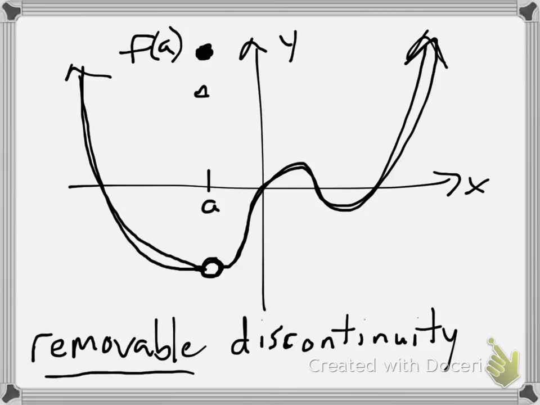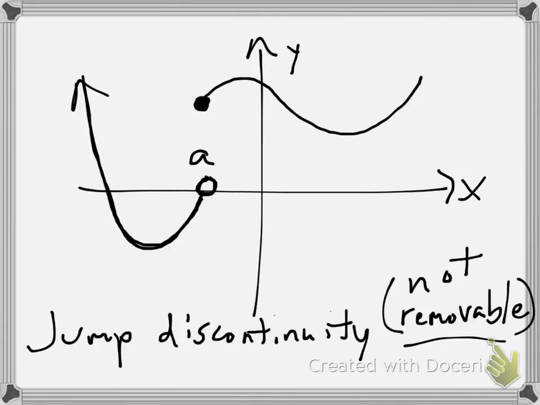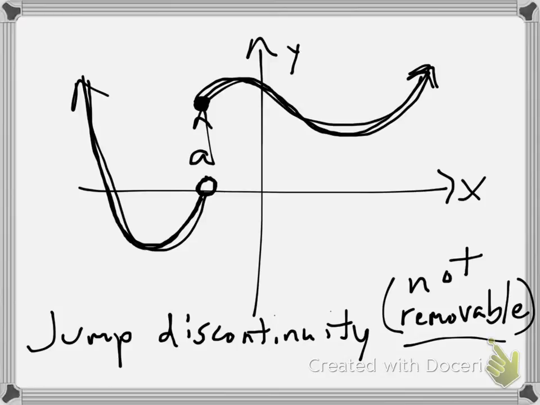Well, the difference is it was just a single point. Here, I'm jumping, and then my function continues from that point. So the entire function jumps from the hole to the closed-in point. And then the function continues. So that's the difference. That's called a jump discontinuity. Jump, also a great song by Van Halen for all you rock and roll fans out there. And it is not removable, because the entire function is jumping up and continuing. It's not just a single point.